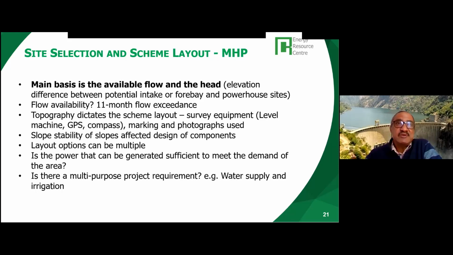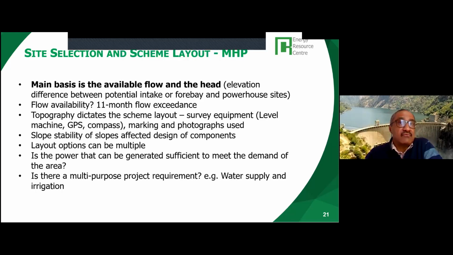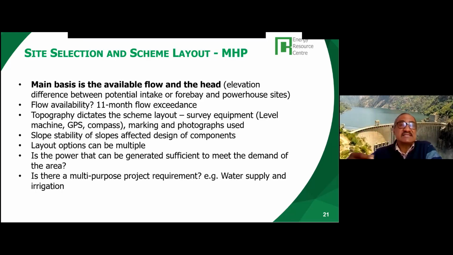But hilly areas mean that you have hills and slopes, and some rockfall, some landslides, and other debris can fall into the different components of the hydropower projects. So we have to be careful.